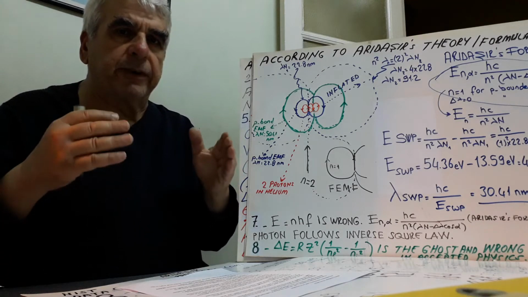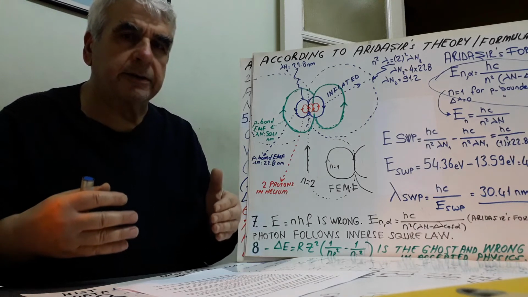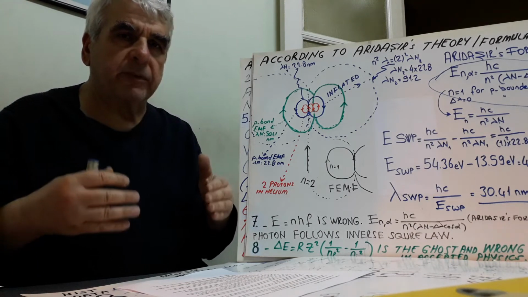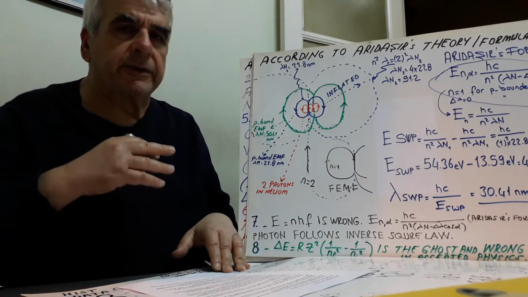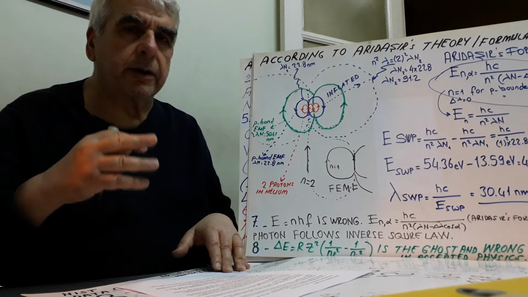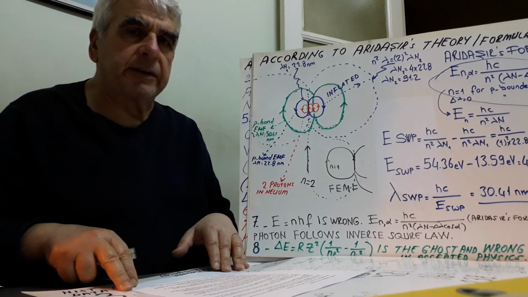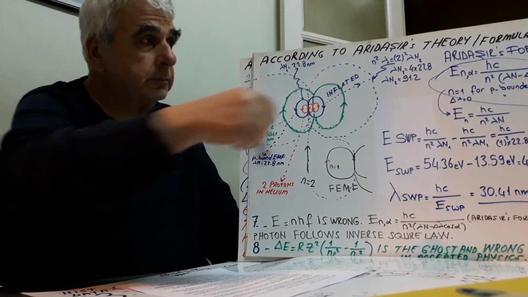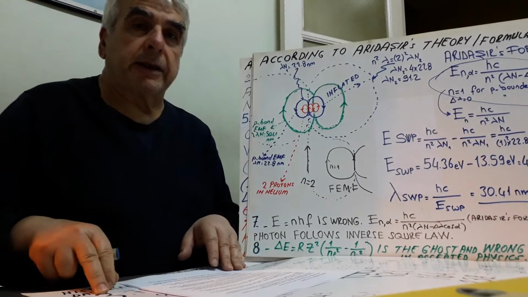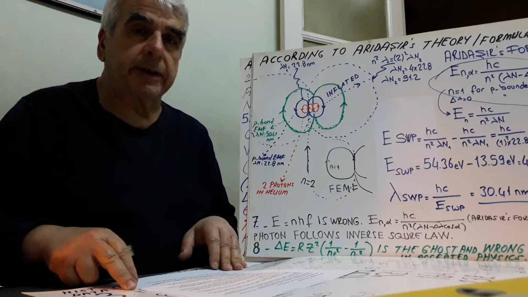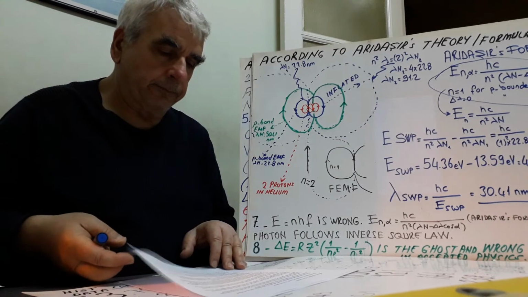In accepted physics, according to Einstein and the others' opinion, the photon doesn't follow the inverse square law, but the inverse square law is intrinsically here in the photon or light successive waves. Okay, they follow the inverse square law also.